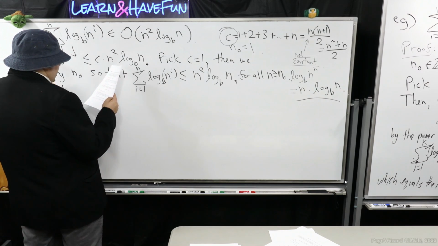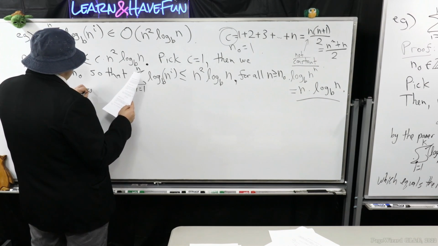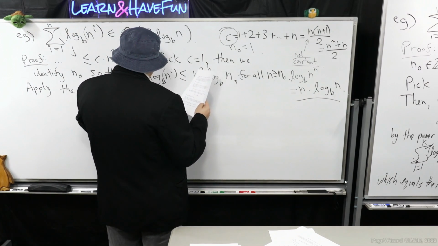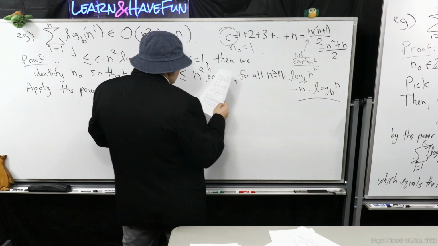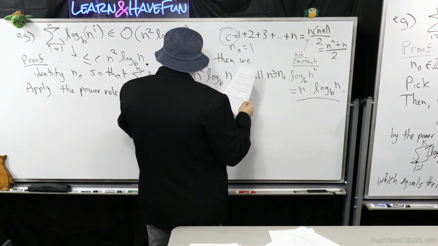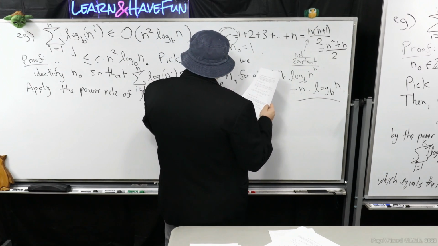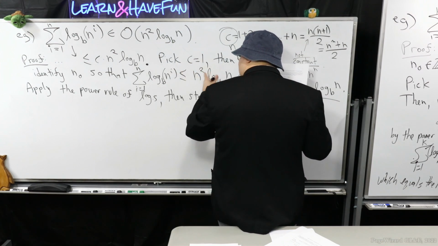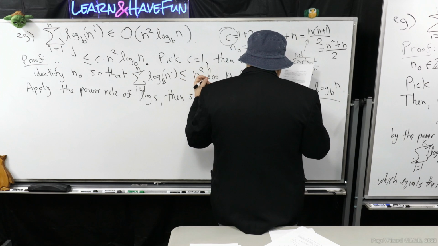So we're going to apply the power rule of logarithms. Then starting on the left-hand side, I'm going to derive the right-hand side, okay? That's the strategy I'm going to use to show you that this is true for some values of n.